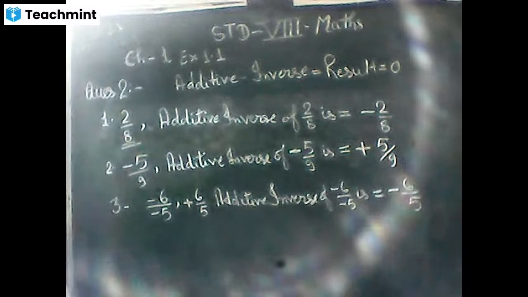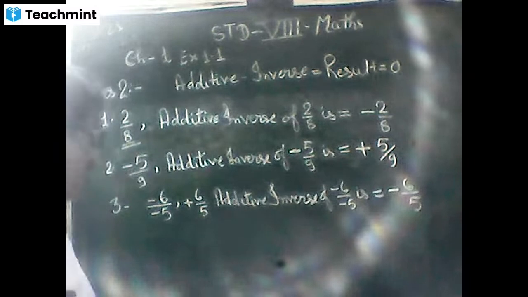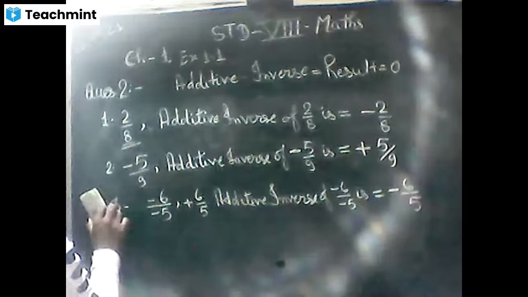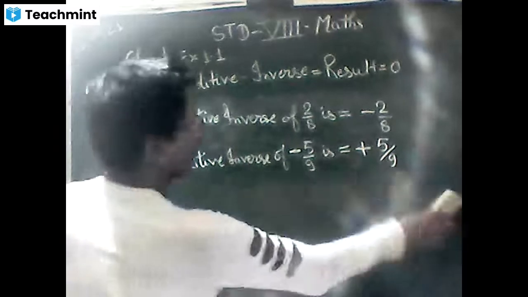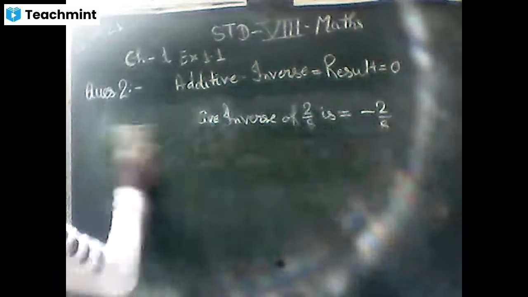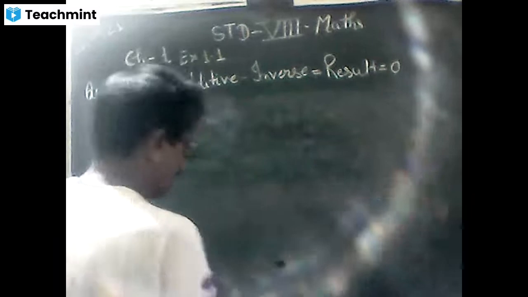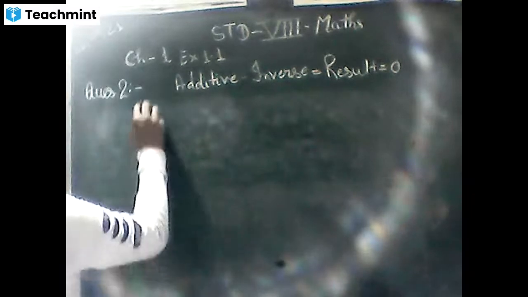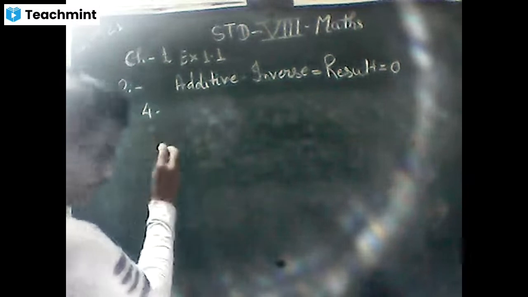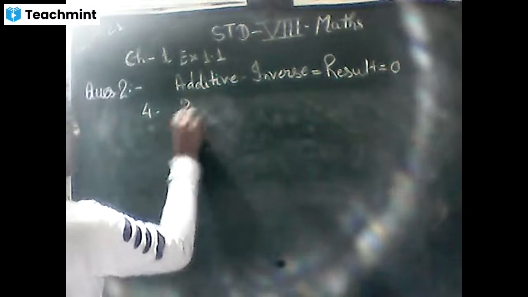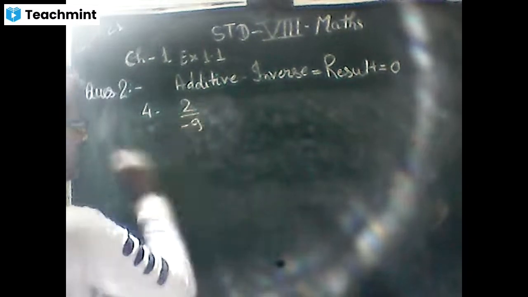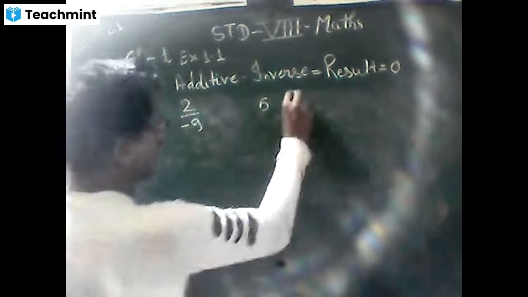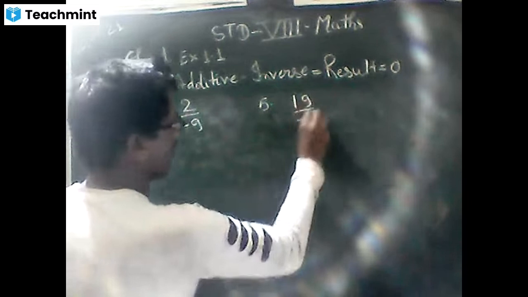Now we try the next problems in the same way, the fourth and fifth. You have to solve them yourself. The fourth is 2 by minus 9 and our last problem is 19 by minus 6.